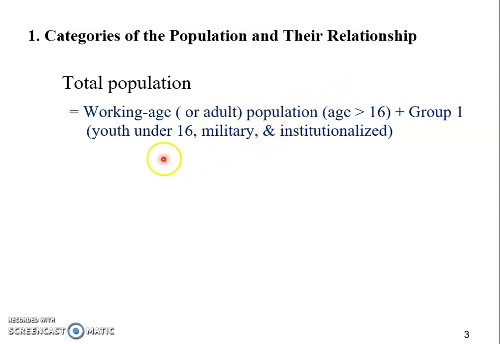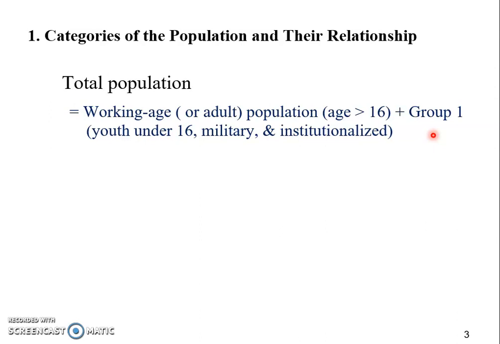If you're younger than 16, or in the military, or institutionalized, they're going to put you into group 1. Here, institutionalized means someone in jail or in hospital, so they are not supposed to be involved in any production. That's why it's called institutionalized.